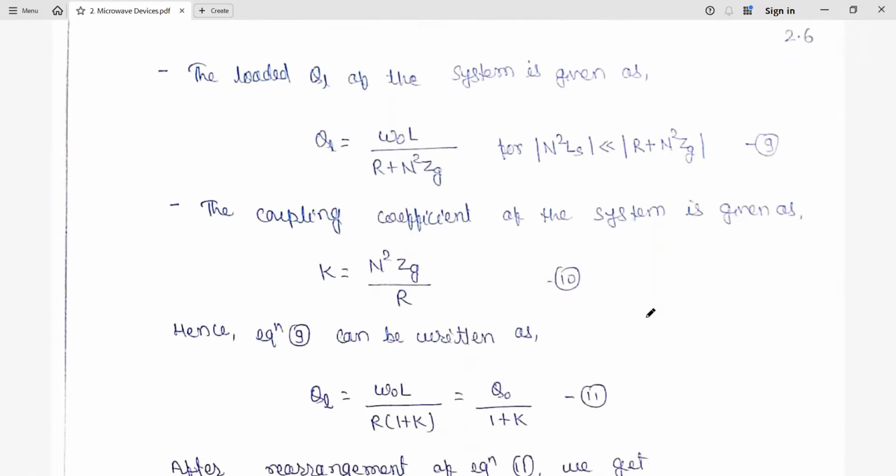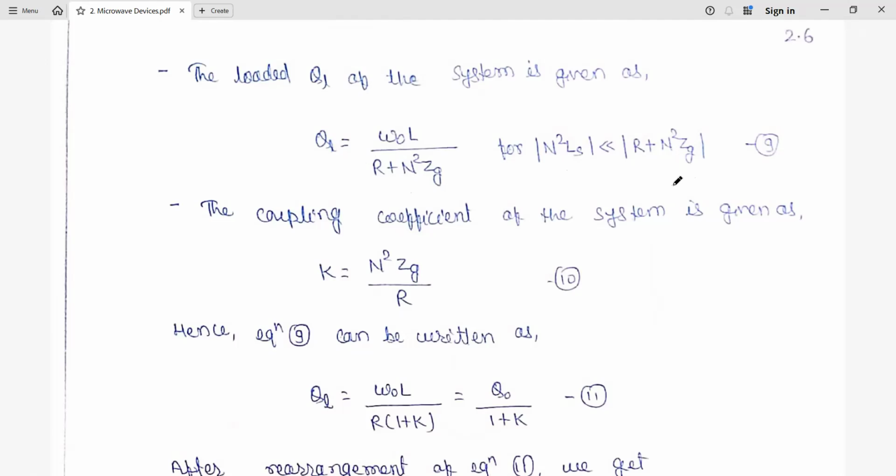We have the earlier unloaded quality factor, whereas for the loaded quality factor we are going to consider the load part. So omega naught L by R plus N square ZG, where ZG is the impedance of the waveguide. The condition is that the modulus of N square LS should be much smaller than the modulus of R plus N square ZG.